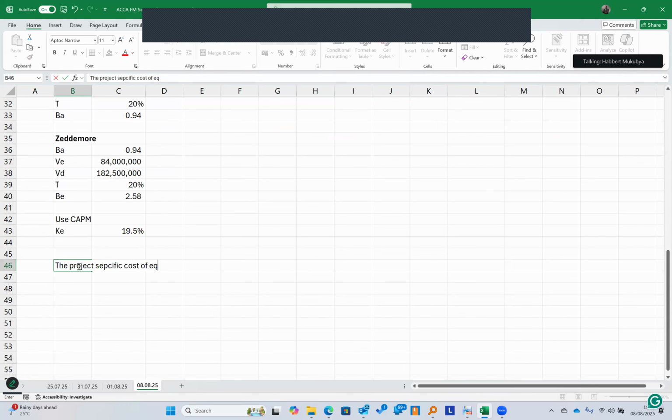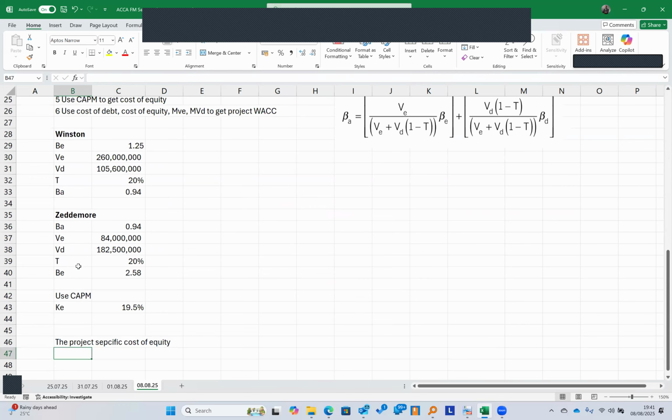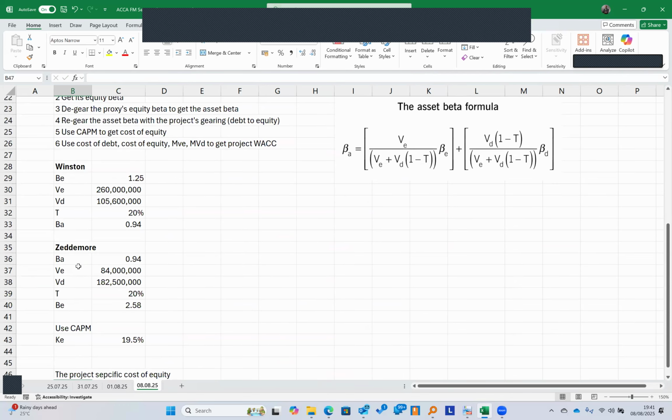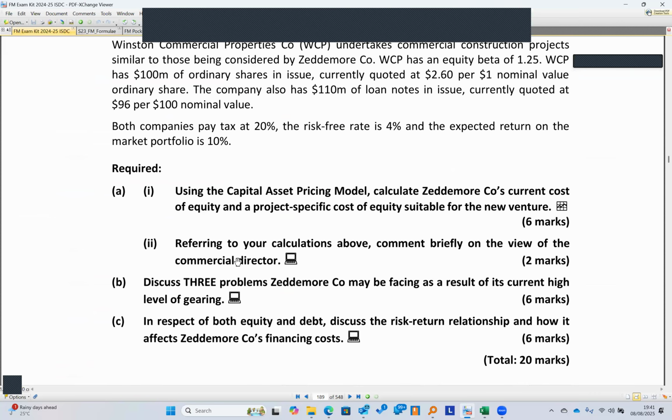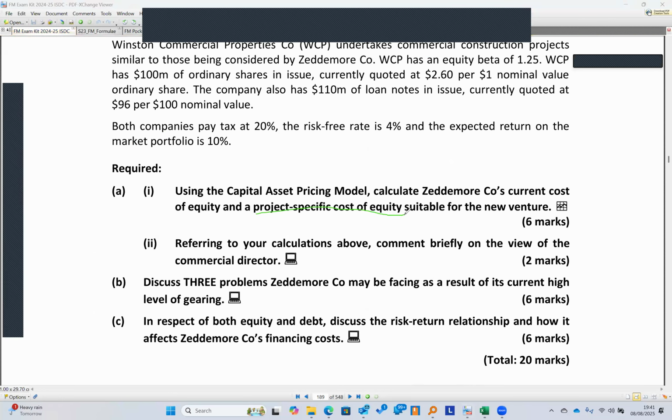cost of equity. Now, one thing we haven't done, and let me confirm that we didn't need to do it. Yes, the question said project specific cost of equity. Because we are looking at cost of equity, we don't have to do WACC.